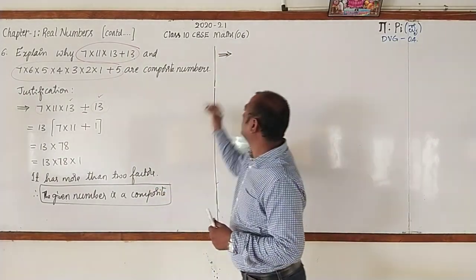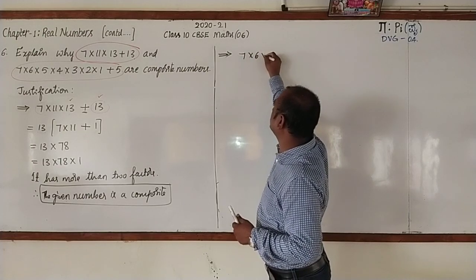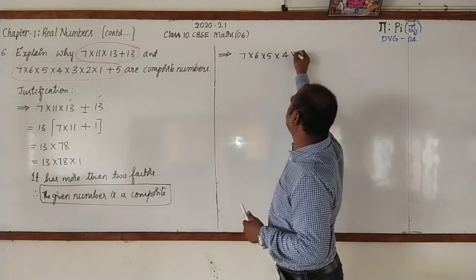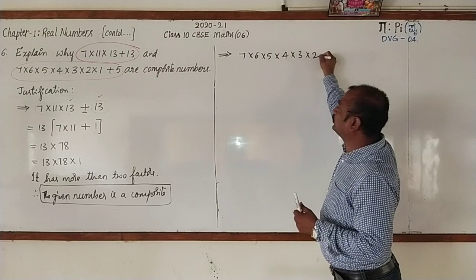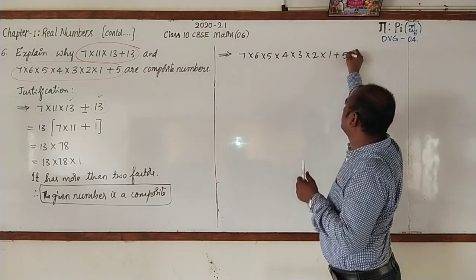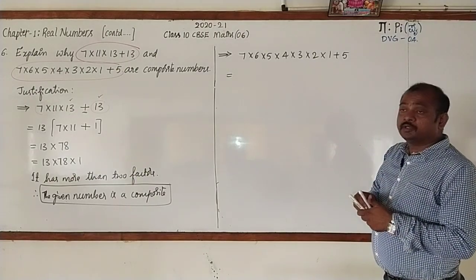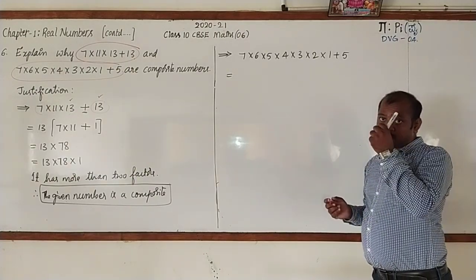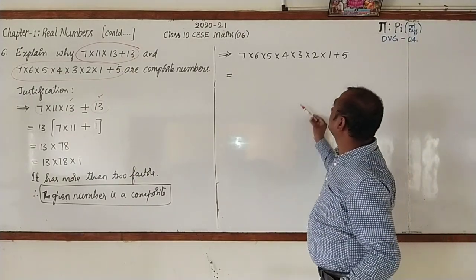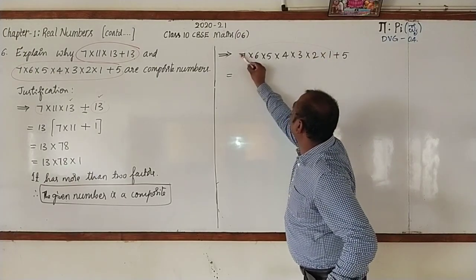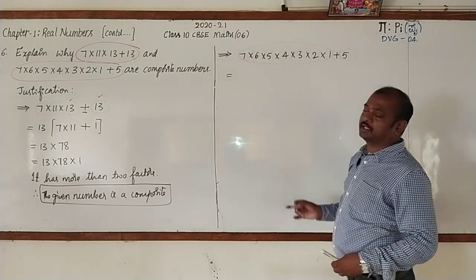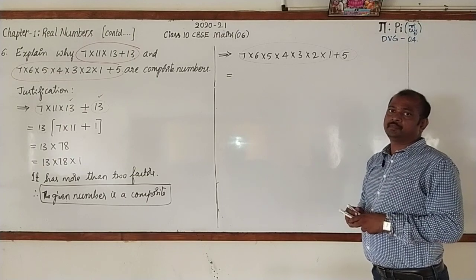The second number is 7 into 6 into 5 into 4 into 3 into 2 into 1 plus 5. It is equal to, here how many terms are there which are separated by the plus sign? There are 2 such terms or numbers separated by the plus sign.